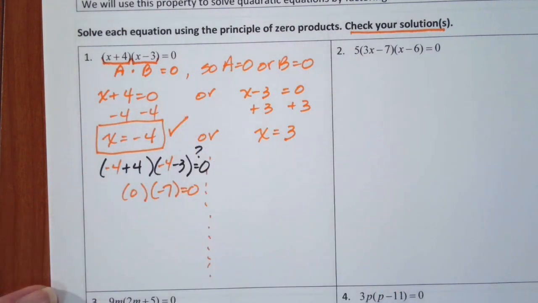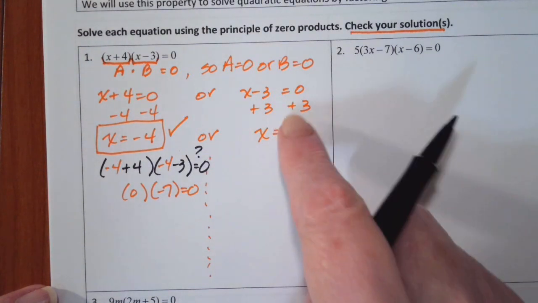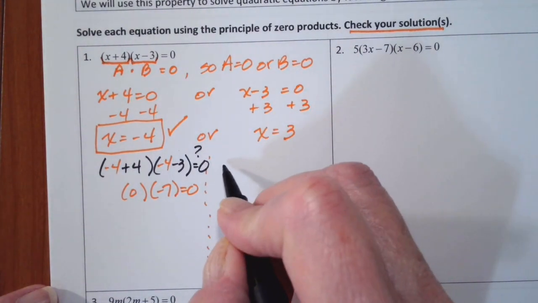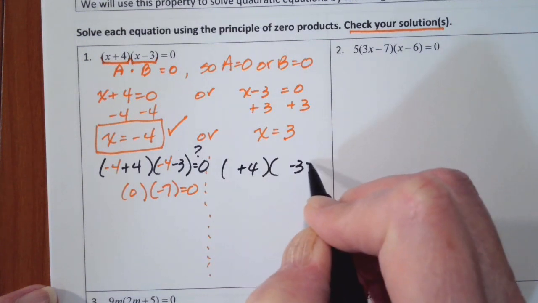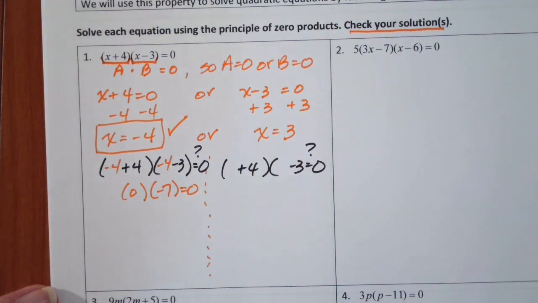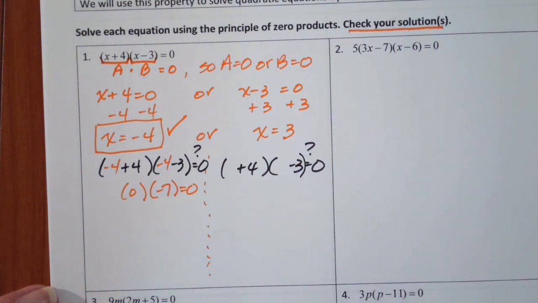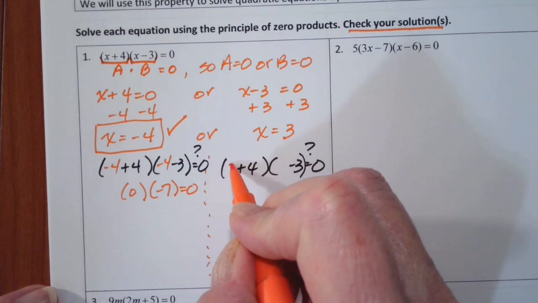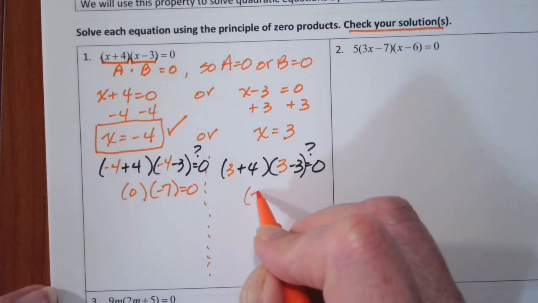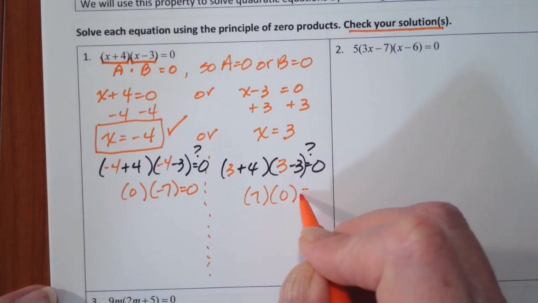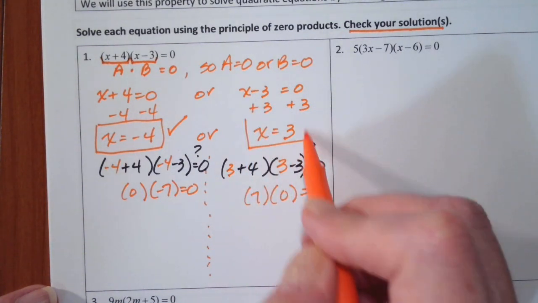So this checks. I'll do the same thing with x equals 3. So, whoops, and I forgot to close my parentheses. So I want to know if 3 plus 4 times 3 minus 3 is equal to 0. Well, 7 times 0 is 0, so this also checks.